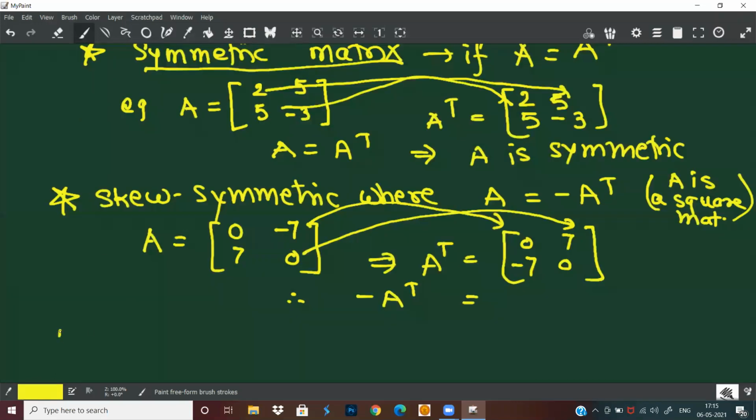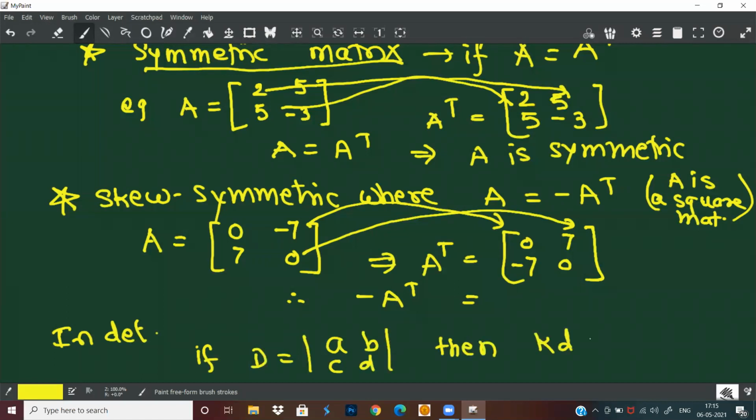See, in determinants, if I take a small D so that you understand, this determinant, then K times D will be KA, KB, C and D. Meaning we can multiply only one row or one column. Correct?